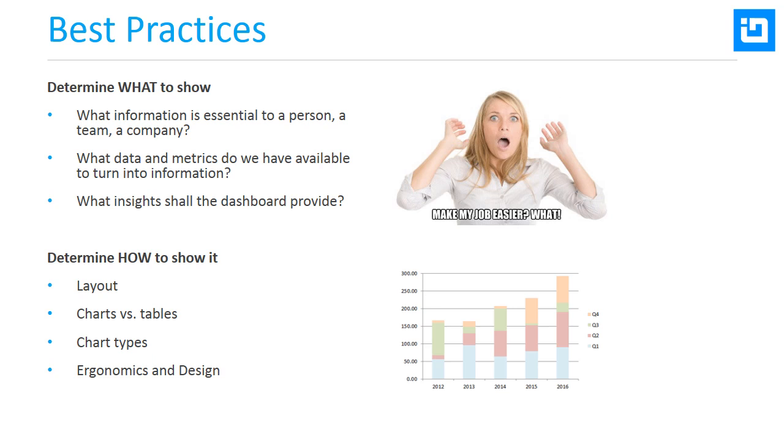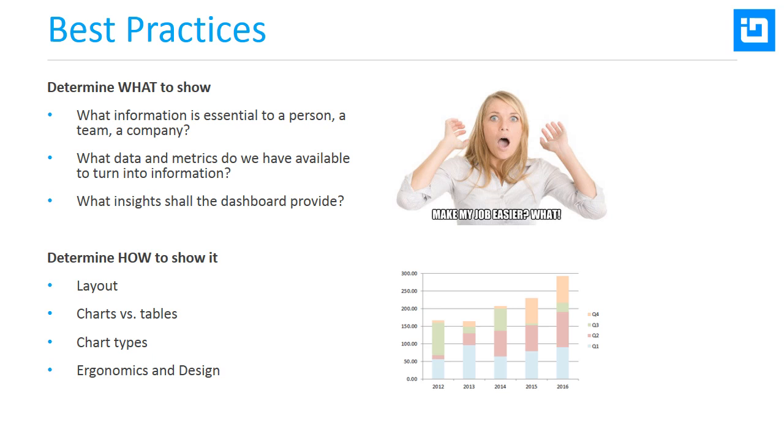Dashboard design best practices. First of all, the really critical step at the beginning has to be to determine what we want to show on the dashboard rather than how we want to show it, right? Because if you don't show the right information to provide insights, to make the lives of the people who use the dashboard easier, then it really doesn't matter how I visualize it.